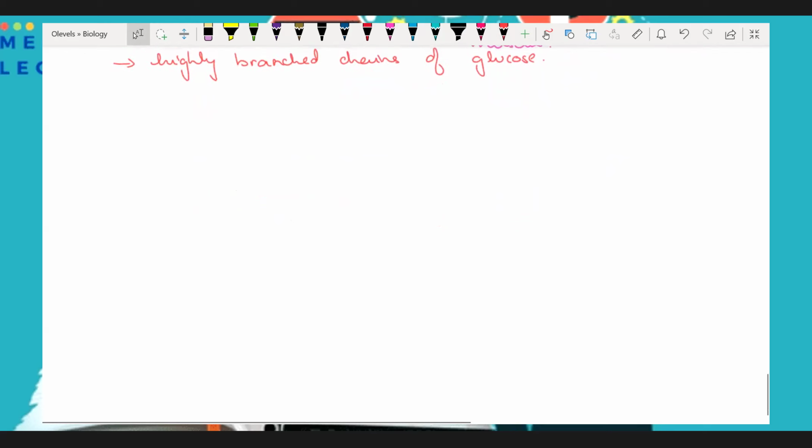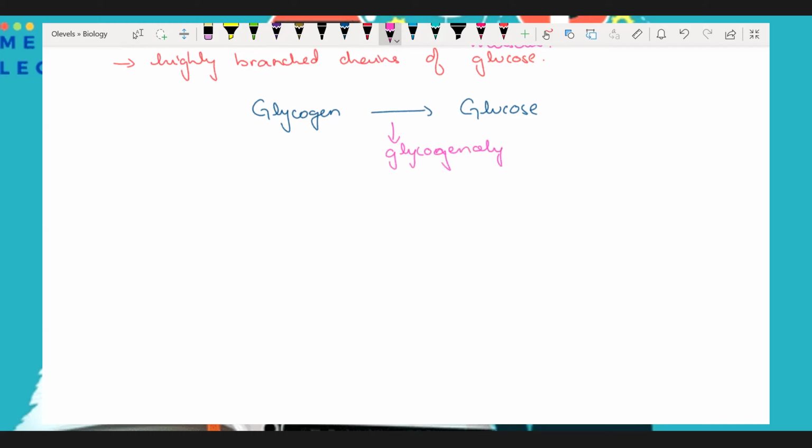So what do you need to do to convert glycogen into glucose? Glucagon. First, could you name this process? This process is called glycogenolysis, right?